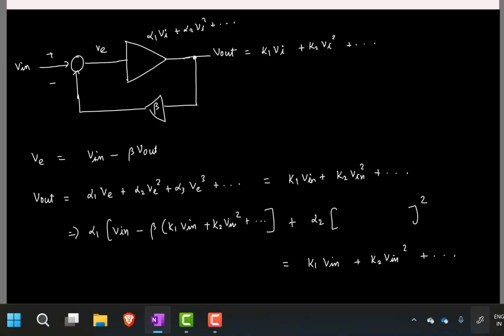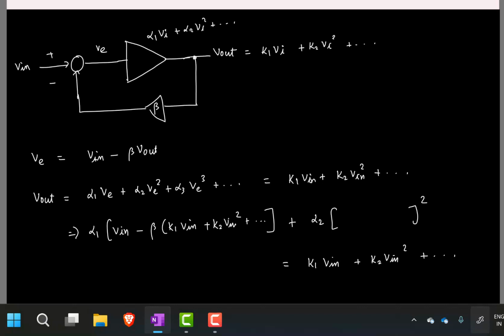And by the way, why do you equate the powers of V in? I mean, at least it makes sense, but why do you think I can equate them? Yeah, logically it makes sense, but why? Think about it. Are you guys familiar with orthonormal basis functions and stuff?